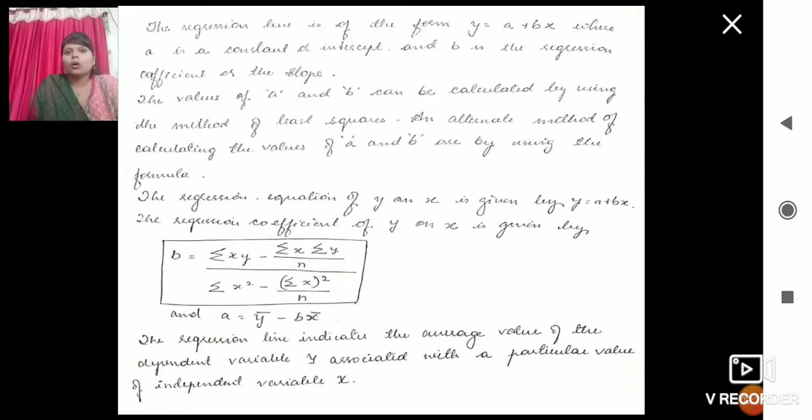The regression line is of the form y equals a plus bx. If I tell you this formula, I hope you recollect some things from your lower classes, maybe the 9th and 10th, in geometry, where you would draw a straight line graph and find the value of y when x is given.